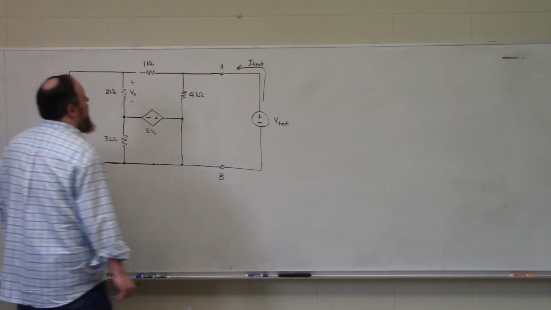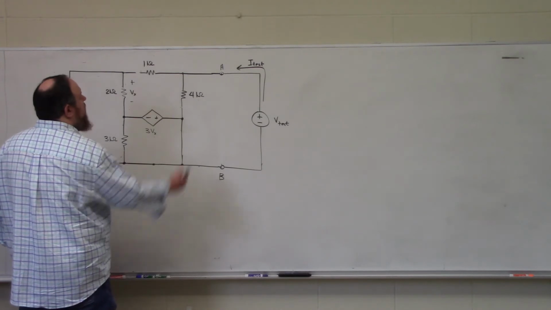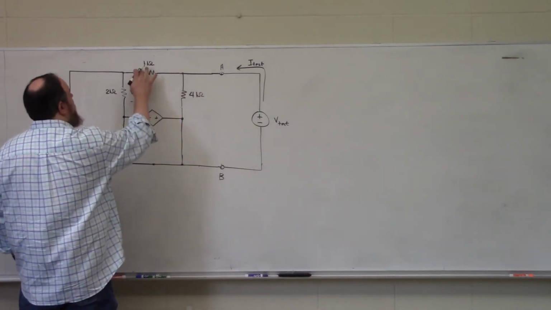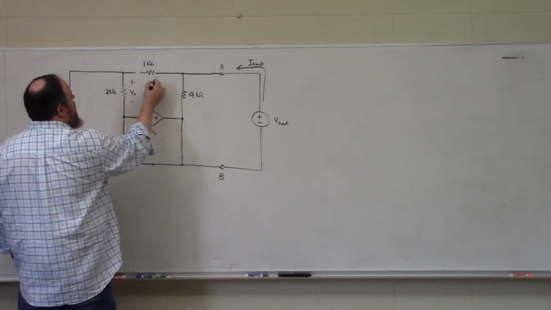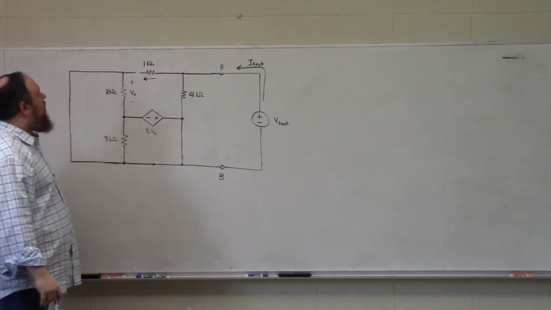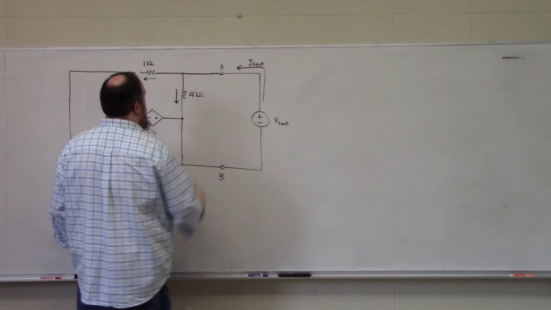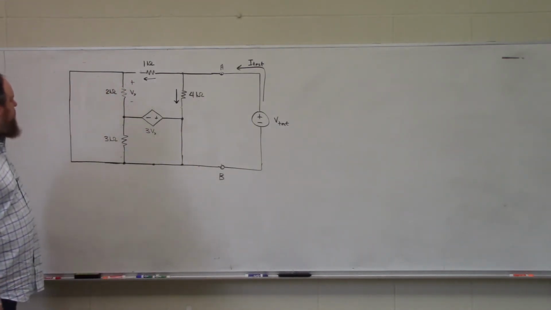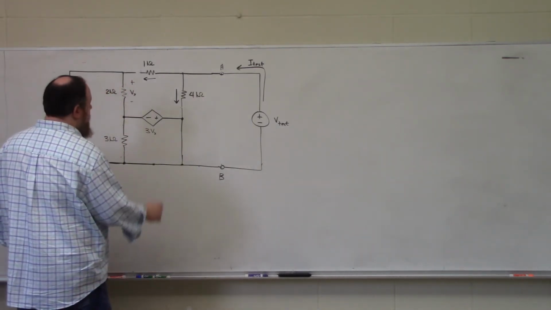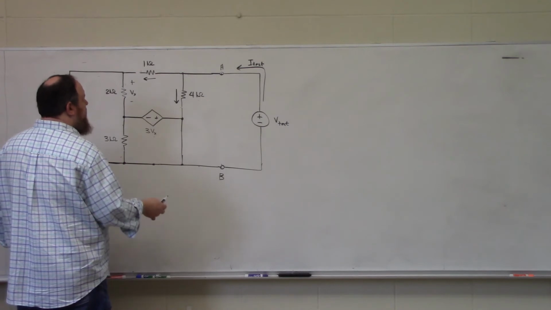Our test current is going to flow into this node and it's going to split up. Some of it's going to flow through that 1 kilo ohm resistor. Some of it's going to flow through this 4 kilo ohm resistor. And those are the only two paths that it can branch off.